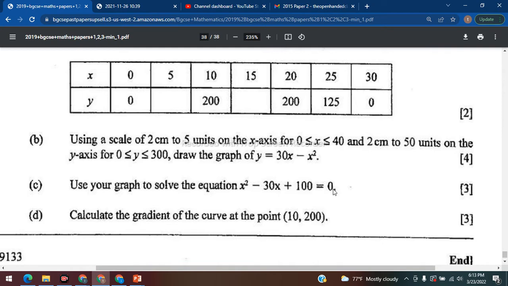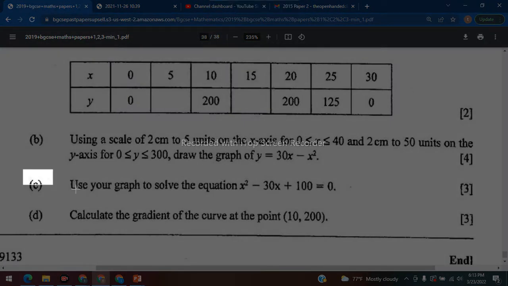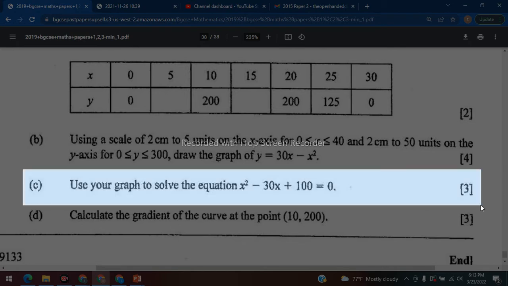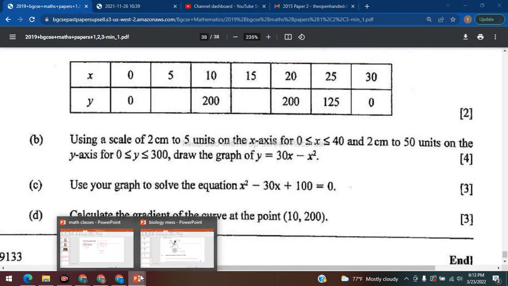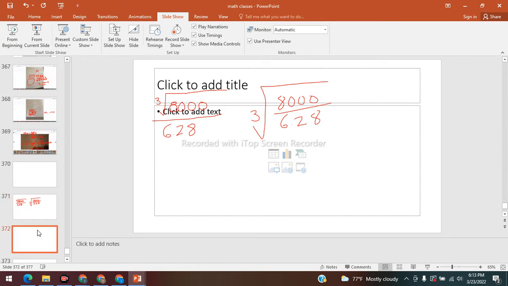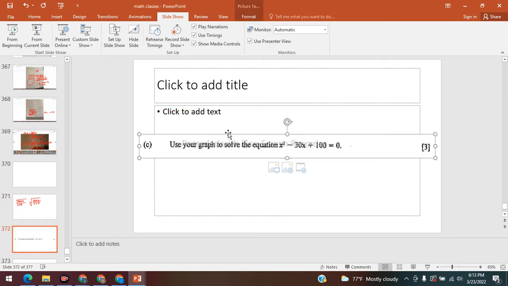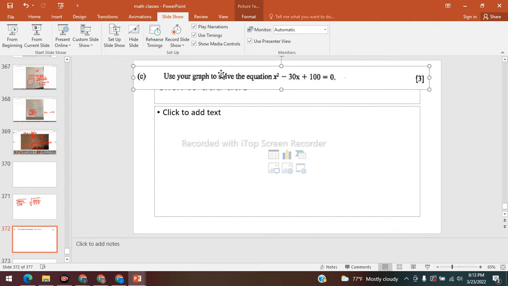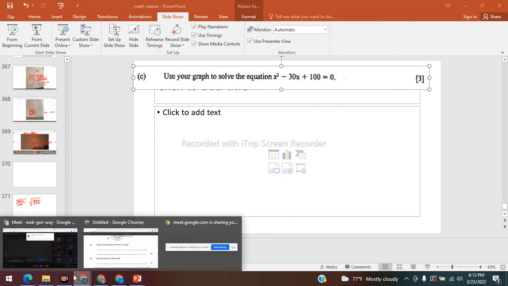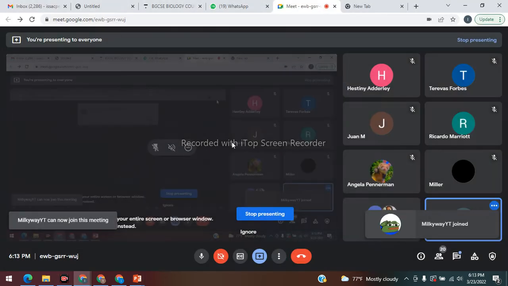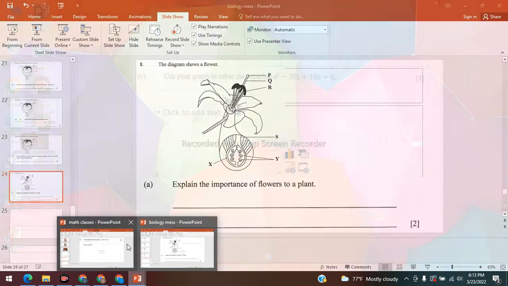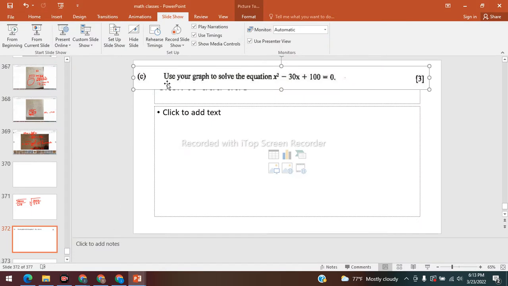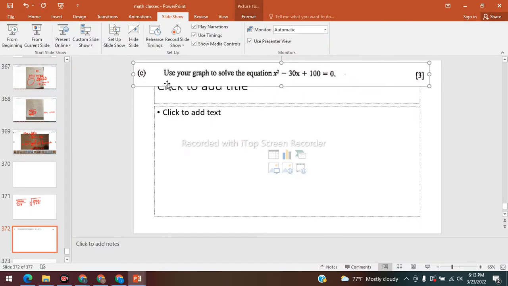So let's consider that. They tell us to use our graph to solve the equation.